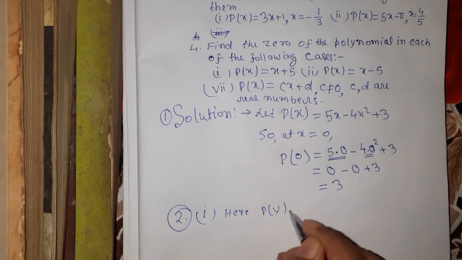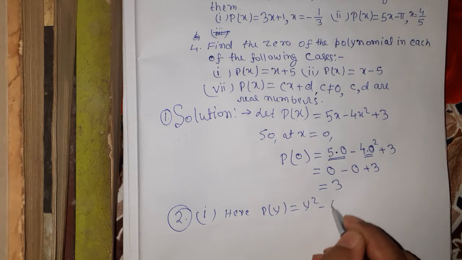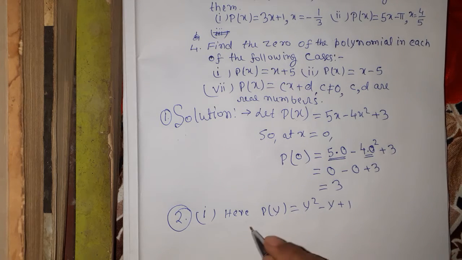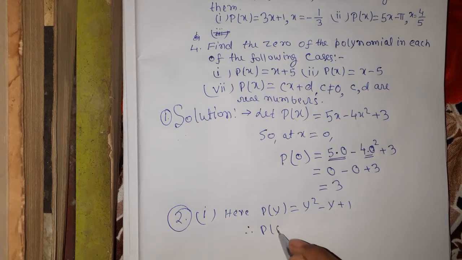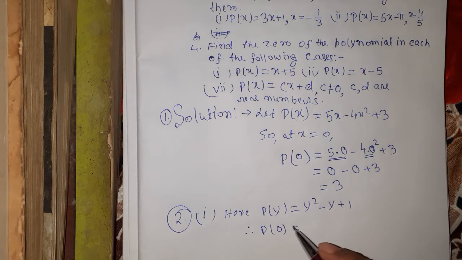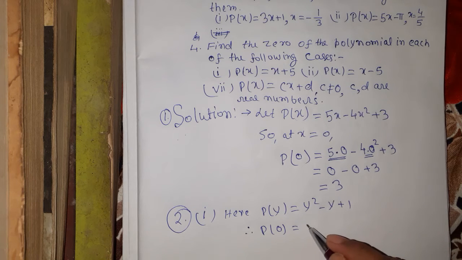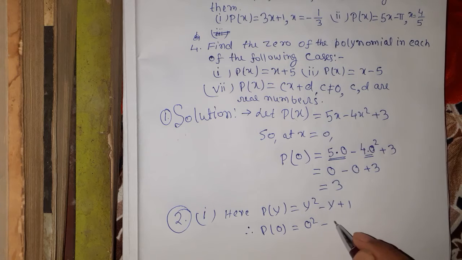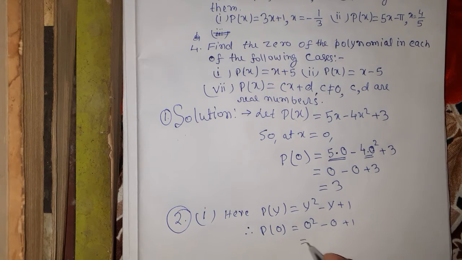Py is equal to y square minus y plus 1. Therefore P0 is equal to, we have to put the value of y here as 0. 0 square minus 0 plus 1 equal to 0 minus 0 plus 1 means 1.